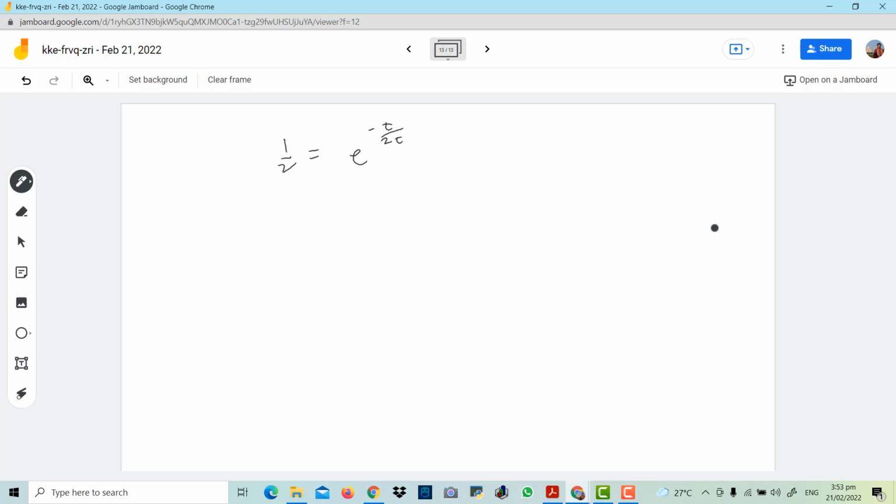If I take ln of both sides, what you will get is ln of 1/2 equal to minus t over 2 tau. Right? So therefore, time is equal to negative 2 tau ln 1/2.